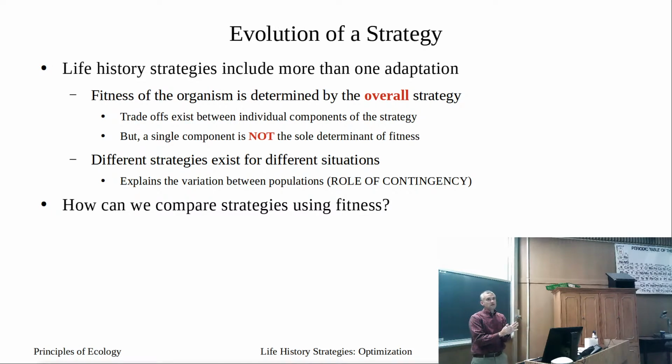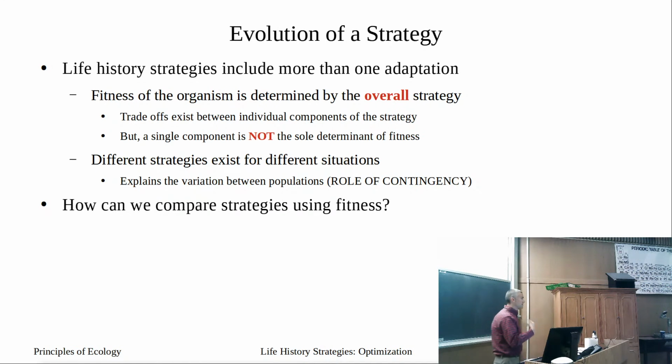We don't have that here because we can't look at one single phenotype. We have to look at the suite of traits that compose that life history strategy. So how we make predictions about what's going to be best will be quite a bit different. Our fitness is determined by the overall strategy, not just a single component.